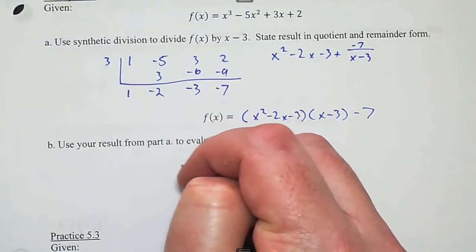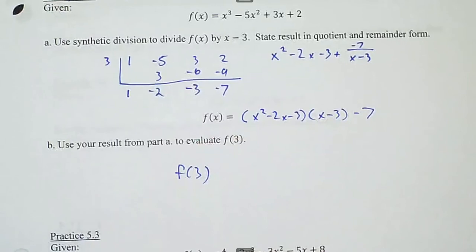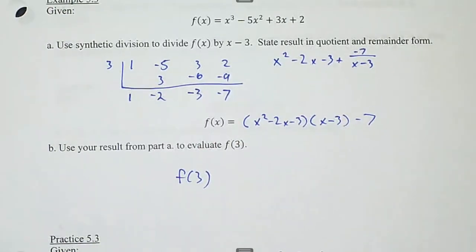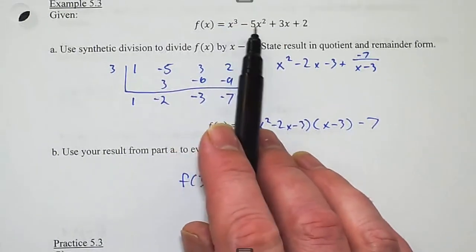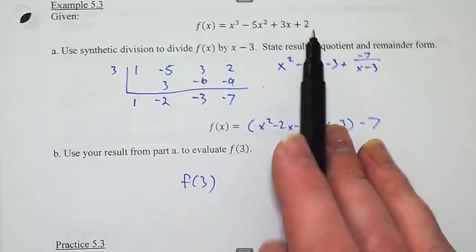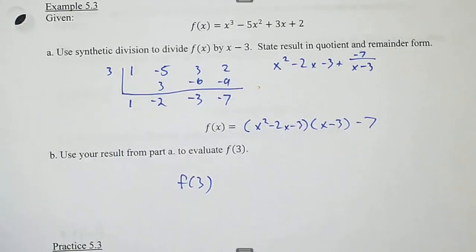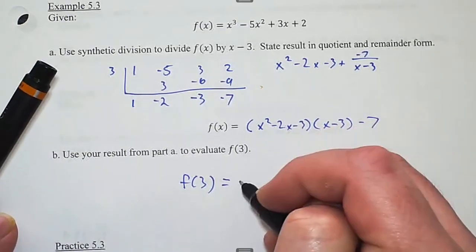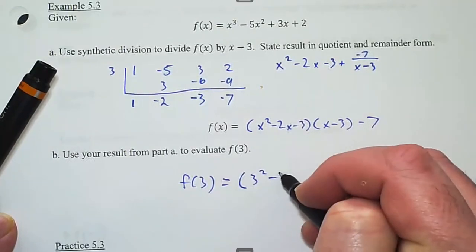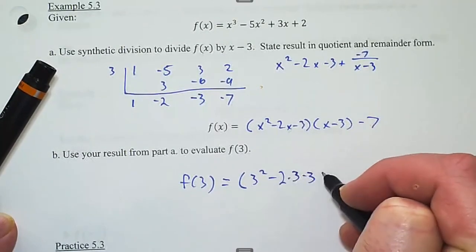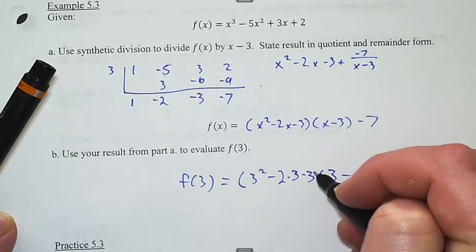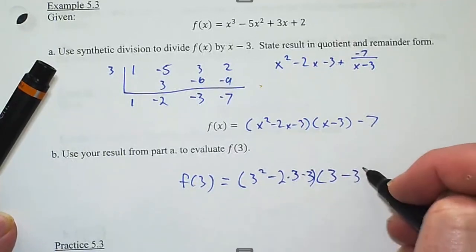So I need to evaluate f of 3, and I have two choices how I can do this. Well, it said use your result, but if it didn't, let's talk about my options. I could plug 3 in here and do 3 cubed minus 5 times 3 squared plus 3 times 3 plus 2. Yuck, right? Instead, let's use this. 3 squared minus 2 times 3 minus 3 times 3 minus 3 minus 7.